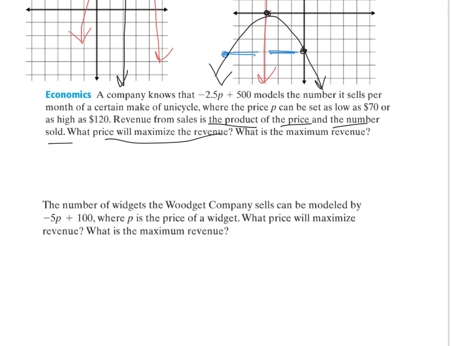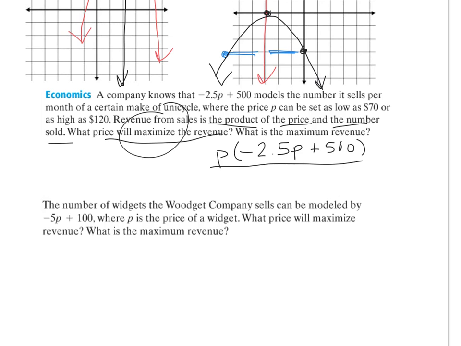So the key right here is revenue from sales is the product of the price and the number sold. This is the number sold. This reads models the number it sells per month. So if P is the price, the equation is going to be P times negative 2.5p plus 500. So to find the maximum, that's what maximize means.